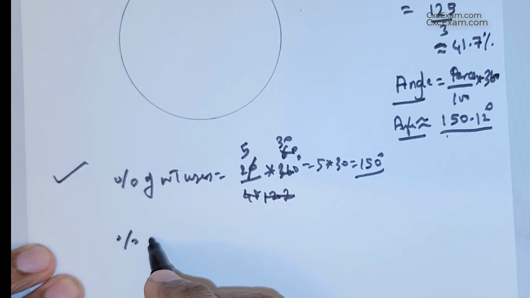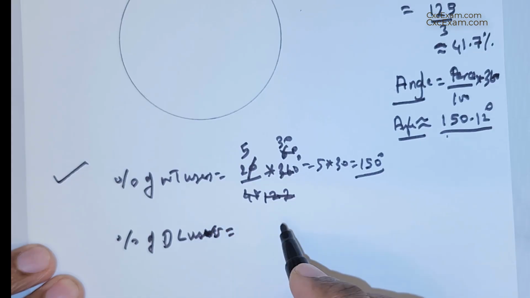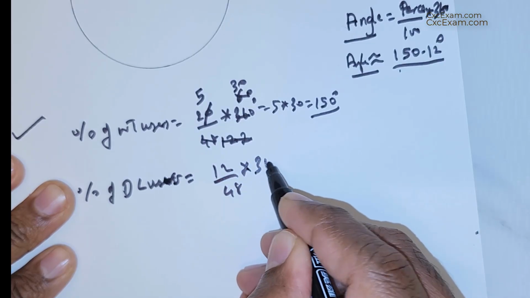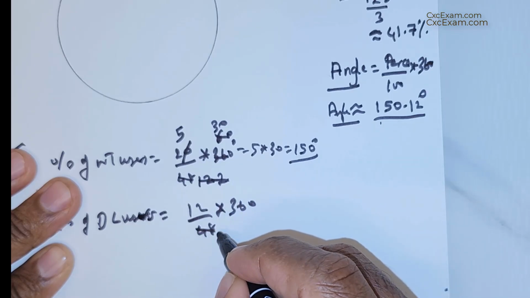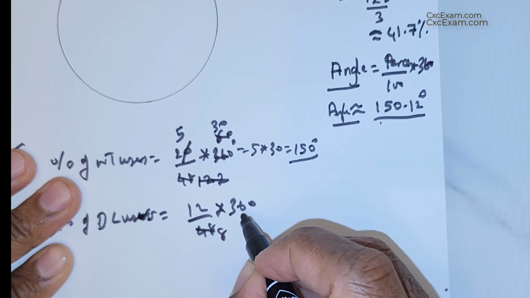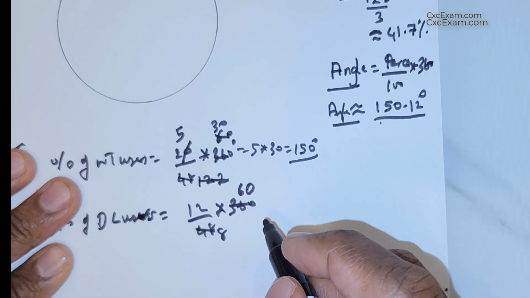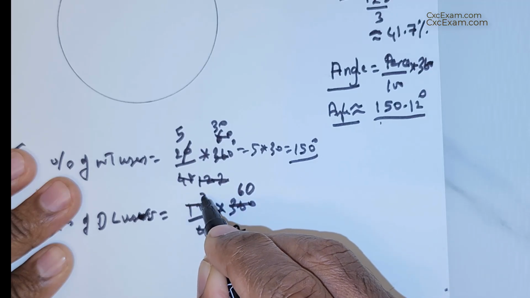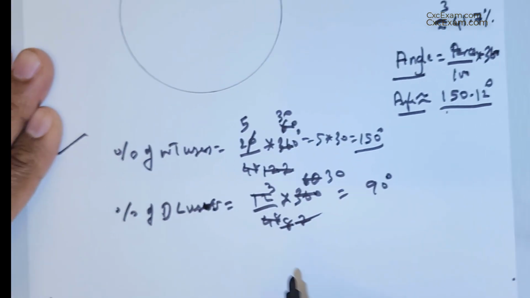This is to find the percentage of DL users. That is going to be equal to number of DL users, 12, divided by 48 multiplied with 360. So 6 8s are 48, 6 6s are 36, 60, and then 4 2s are 8, 4 3s are 12, 2 divides here 30 times, so this is 90 degrees.